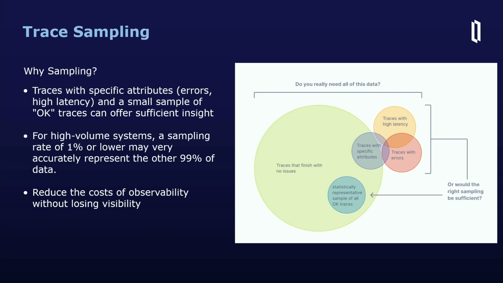And for high volume systems, a sampling rate of 1% or lower may very accurately represent the other 99% of the data. So eventually, this can reduce the cost of observability without losing visibility.